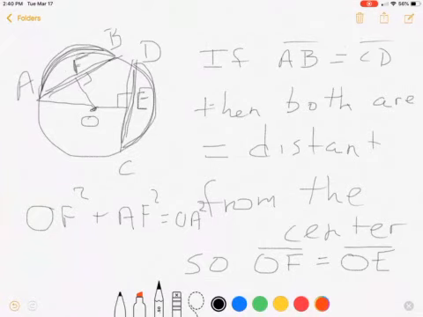ED is therefore 11. 11 squared plus EA squared can be used to find the radius, which is 14 squared, pardon. AD is 14. And once I know AE, I can subtract it from the radius to find EB. All right? So that's how you do 16 and 17.